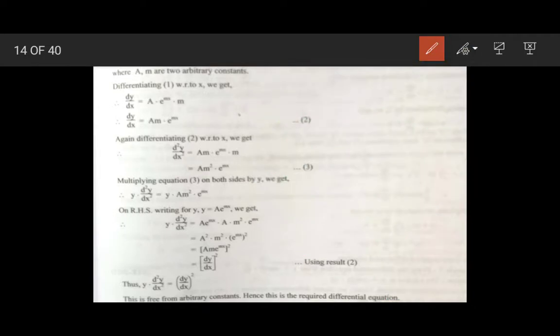So see here what I am doing. d2y upon dx square is a m square into e raised to mx. Now I am multiplying both sides by y. So I will get y d2y upon dx square is equal to y a m square into e raised to mx.